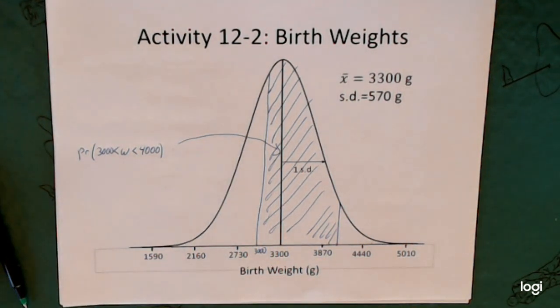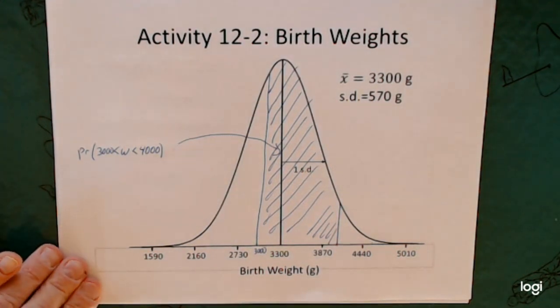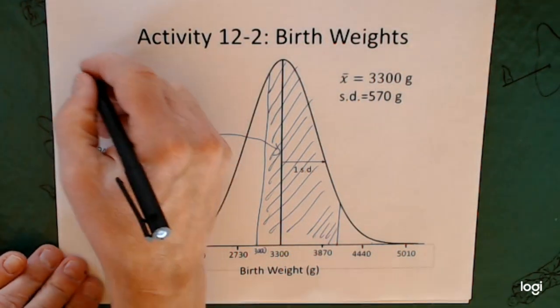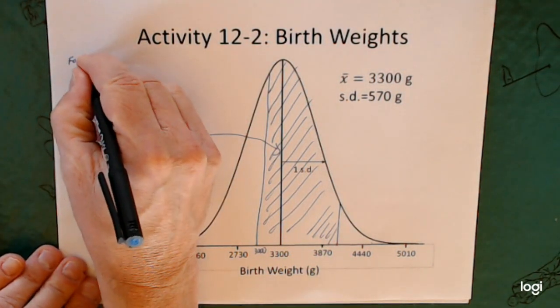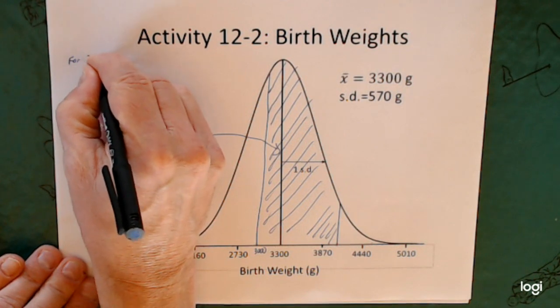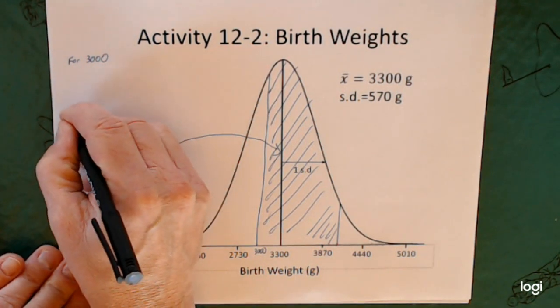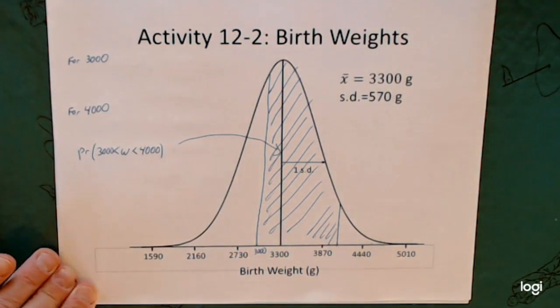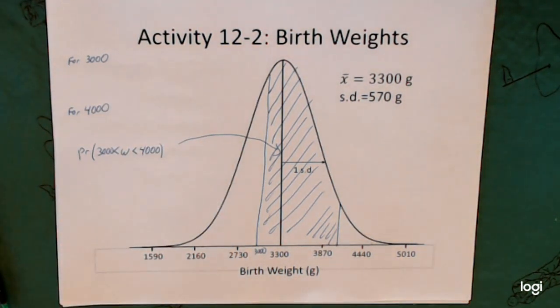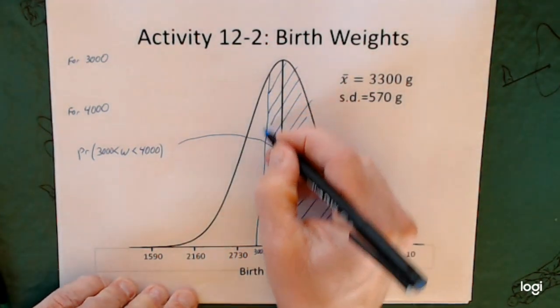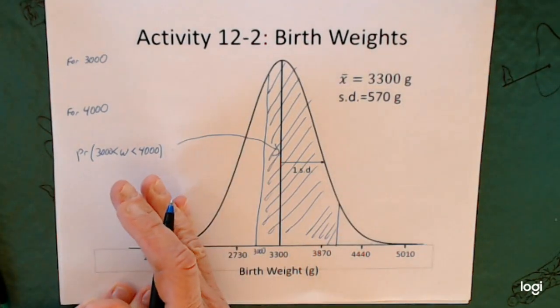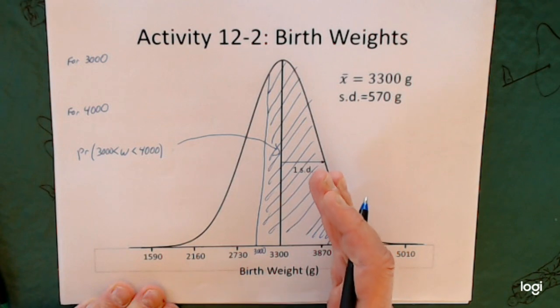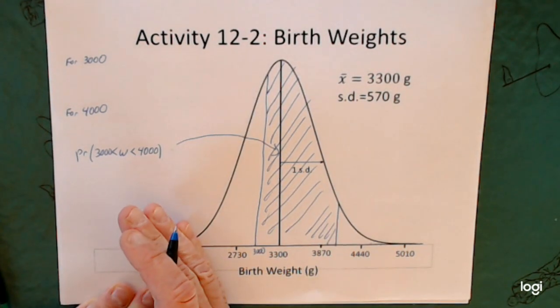All right, so let's do a little bit of work. Z-scores will be helpful for us. So let's find the z-score for 3,000, and then let's find the z-score for 4,000. And here's the big picture. I can find the area to the left of 3,000, and I can find the area to the left of 4,000 under the curve.